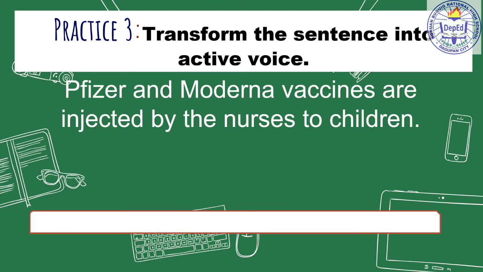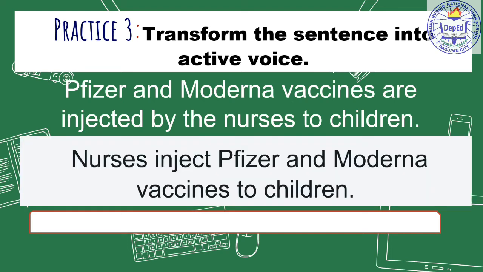Now check your answer to this. Nurses inject Pfizer and Moderna vaccines to children. Did you get that correctly? If it is yes, you are awesome. If not, just go back to this lesson and practice some more.